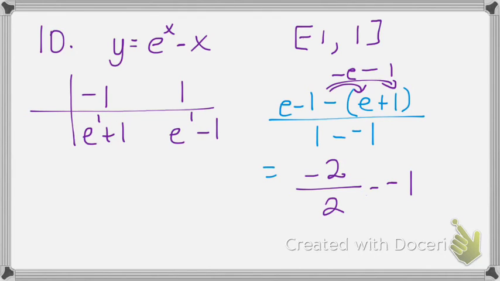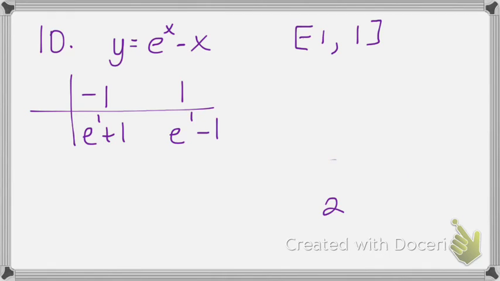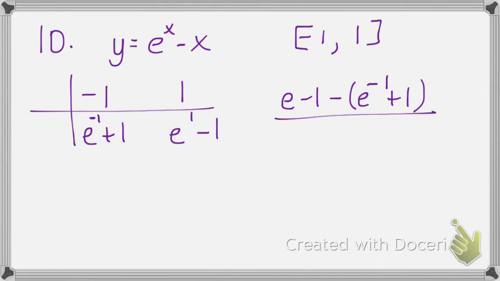I realize I've already messed up because when I plugged in the -1, I forgot the negative, so I'm going to erase that. I'm very sorry. I think maybe I wrote it, but I didn't write it well. So that should be a -1. Let's start again. For the slope, e minus 1 minus e to the -1 plus 1 over 1 minus -1. So that's e.